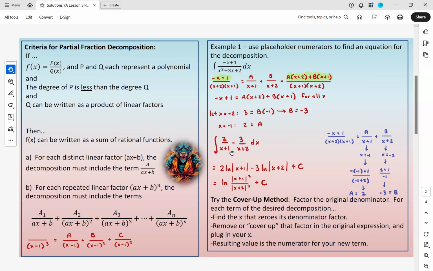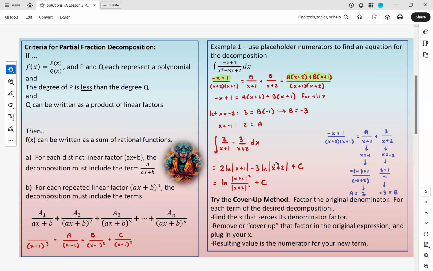The x plus 1 and x plus 2 behave just like x as far as antiderivatives are concerned. So I can just do my basic 1 over x antiderivative. Although I've got a 2 multiplier, I've got x plus 1. The next term is negative 3 log absolute value of x plus 2. Don't forget a plus c.